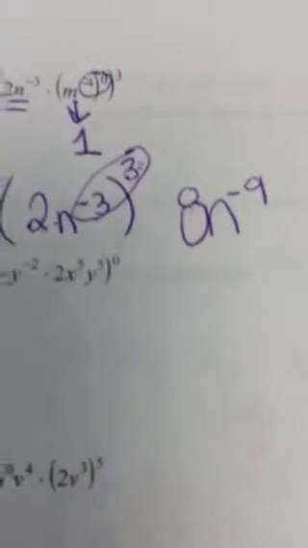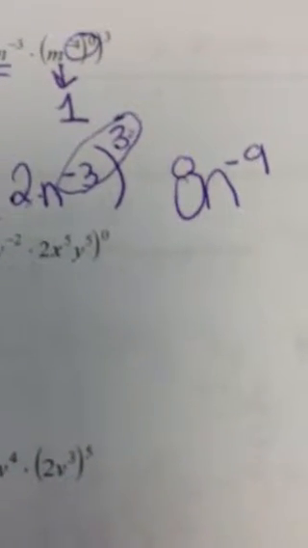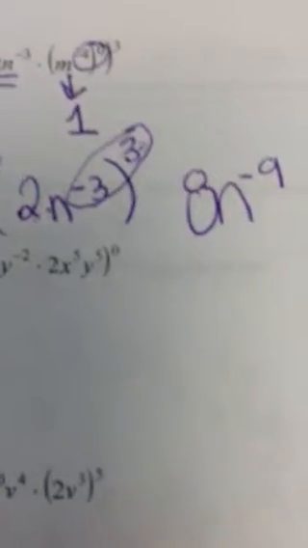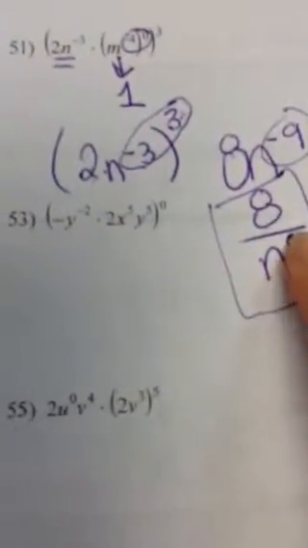Remember our instructions said we should only have positive exponents. So since n was raised to the negative 9, I'm going to leave the 8 alone and then move my n to the denominator. So my final answer would be 8 over n to the 9th power.